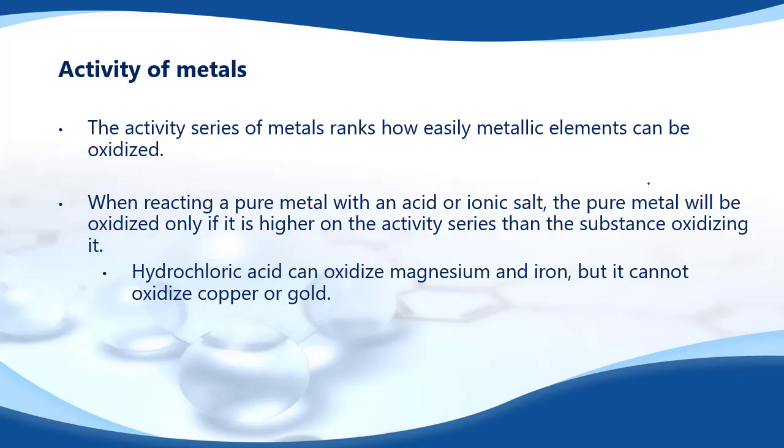So for example, magnesium metal can be oxidized by hydrochloric acid because magnesium is higher than hydrogen. Iron can be oxidized by hydrochloric acid because iron is higher than hydrogen. But copper and gold do not react with hydrochloric acid. They cannot be oxidized because they are lower on the activity series than hydrogen is. That's why, for example, when you see hydrochloric acid being transported across the country in tanker cars, those tanker cars are usually lined with copper because it will not react with copper.